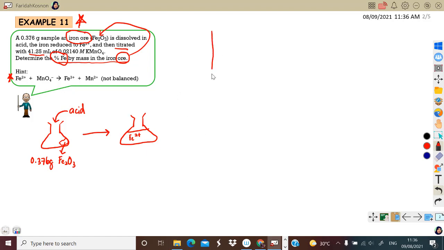So, we have a burette. Here, let's say this is a burette. Okay, saya lukis secara tidak skematik. Okay, and then this is the solution that contains iron 2 plus. Okay, iron 2 plus ini datang daripada mana? Datang daripada iron ore yang dissolved tu tadi.